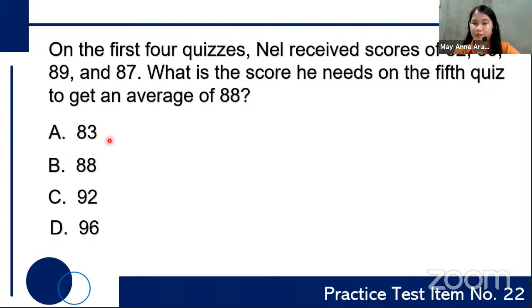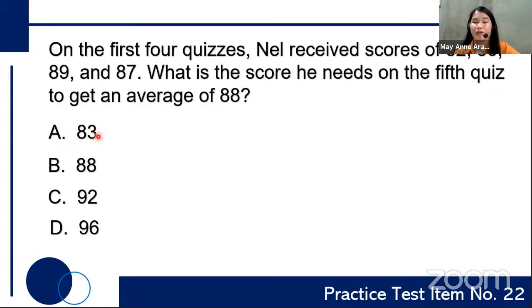If 83 yung answer, di ba? Tingnan nyo, 82, 86, 89, 87. So, 88 yung target niya. So, pag 83, okay, sige, wait lang. May nagsagot. Okay, correct. Letter D. Pero i-analyze natin na. Pag 82 na ngayon, mababa siya sa first quiz.